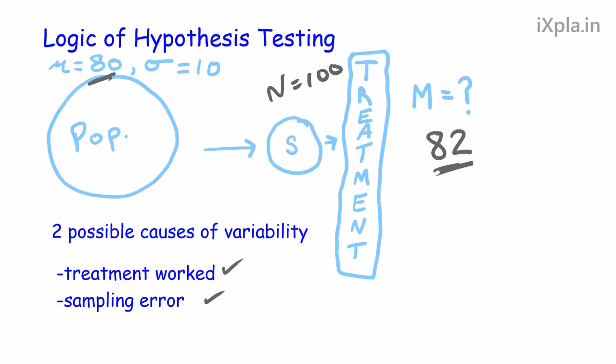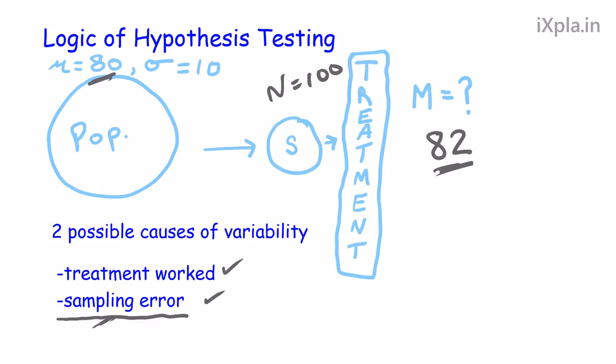And the way we're going to do it is we're going to calculate the probability that the 82 was created by sampling error. We're going to come up with a probability, a p-value, and if that p-value, that probability is very, very low, then we're going to say that it's probably not sampling error, and it's probably caused by the treatment.